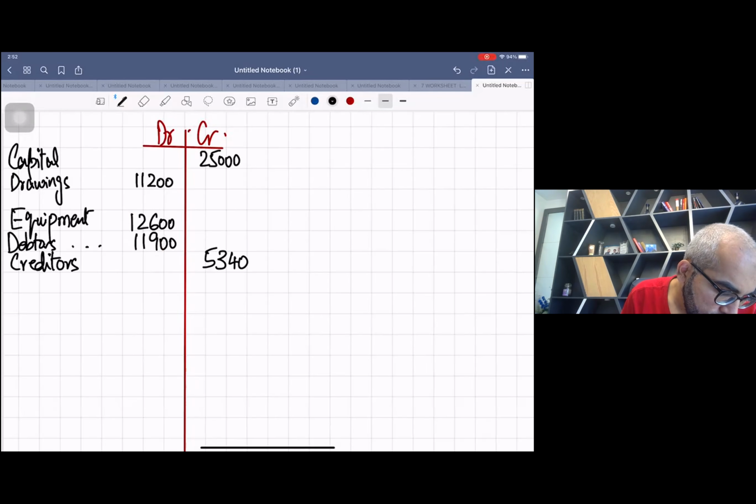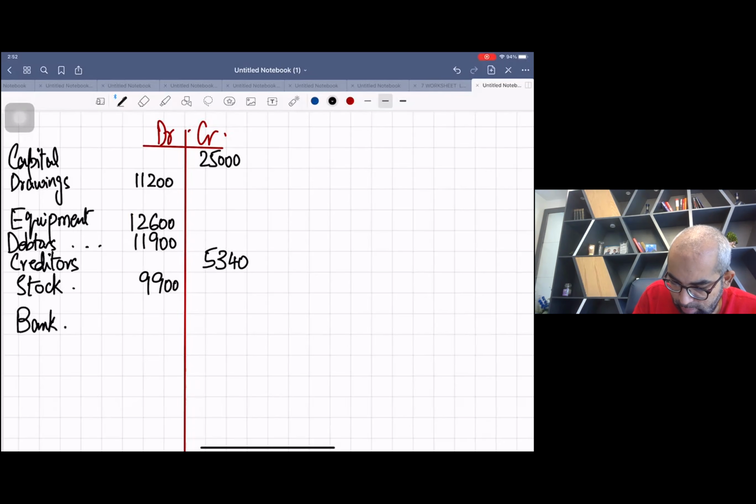Then we have stock. Stock is inventory. How much is this? It's 9,900. It goes on the debit side. Then we have bank balance. Nothing is written, then bank is always an asset. Okay.